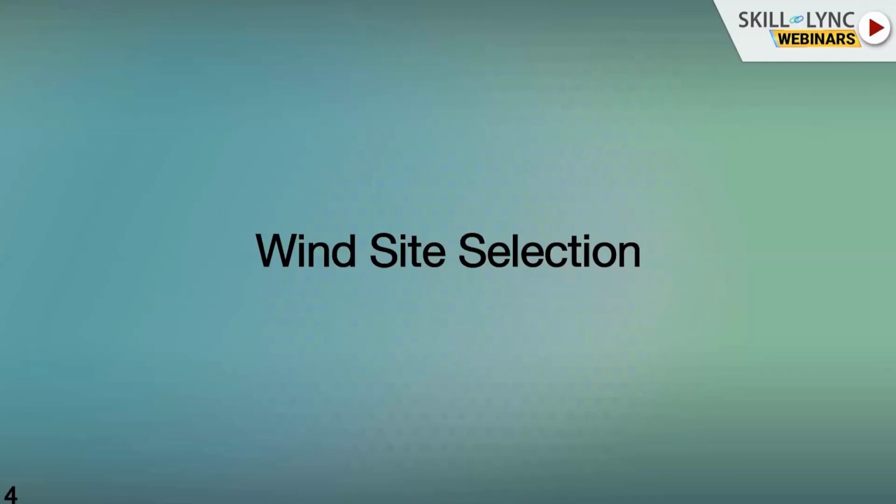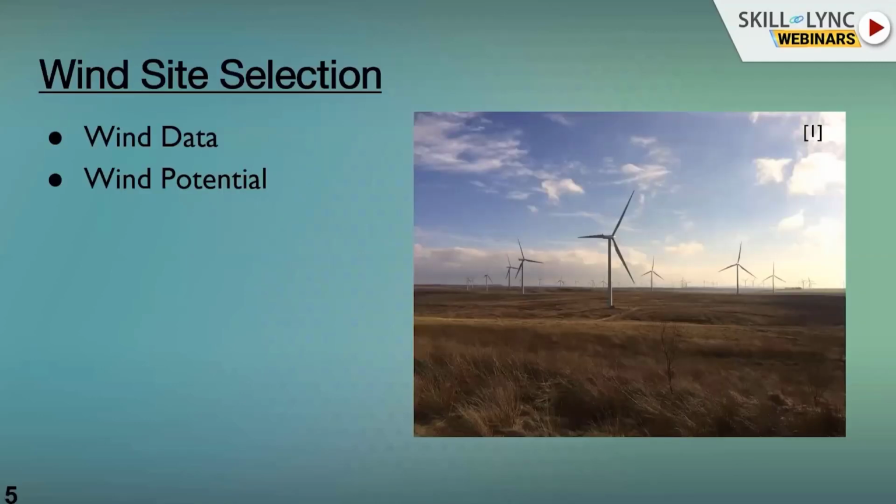After choosing the wind site, we need to look at the resource, that is, the wind potential. There is a wind resource team in every wind industry. Better resources mean greater potential power, so we want to identify a better resource to get the maximum power from that particular site.